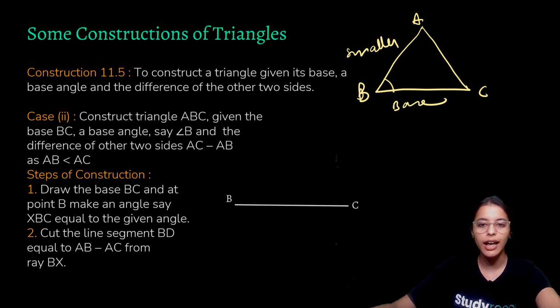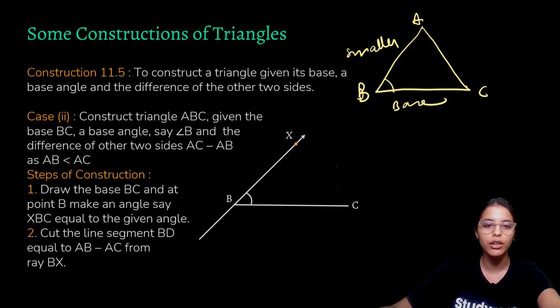We'll construct it as usual, BC, and then mark the angle B over here. We draw it using a protractor or a compass, whichever is suitable for the given question. So we have drawn the angle and we have a ray over here.